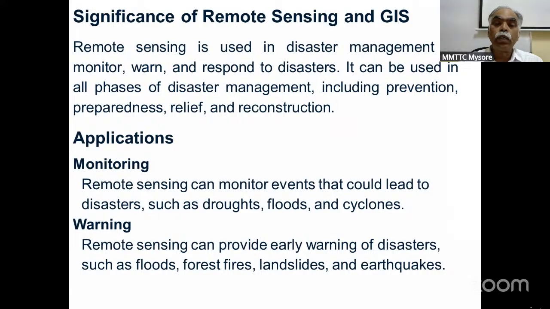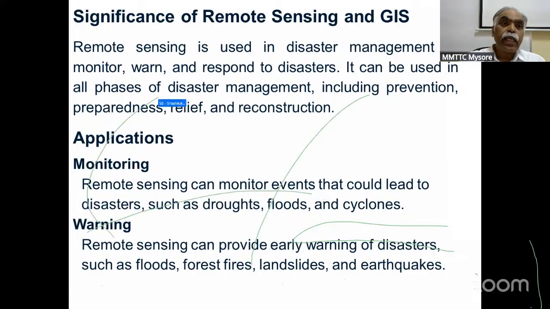We have to find out where exactly the disaster is caused, what the magnitude of the disaster is, what factors are involved in its development, what possible techniques or measures can prevent it, how we can be prepared to face it, and what relief we can give.